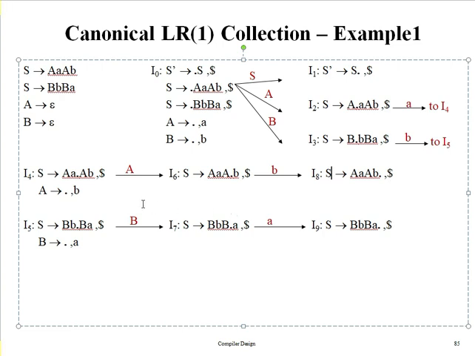And for another final item, for example this item on row 5, the reduce action will be filled only under A, not under all terminal symbols in follow of B. That's the only difference.